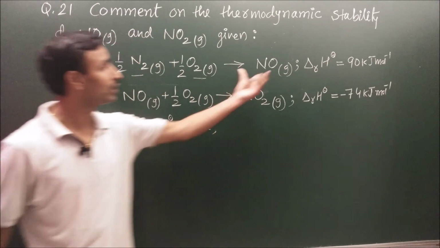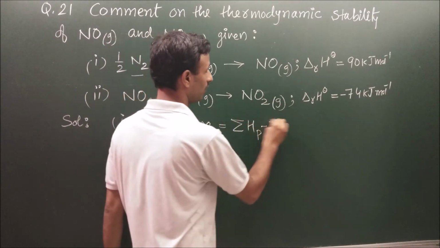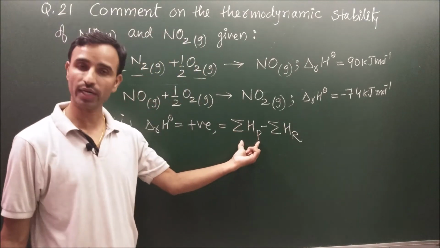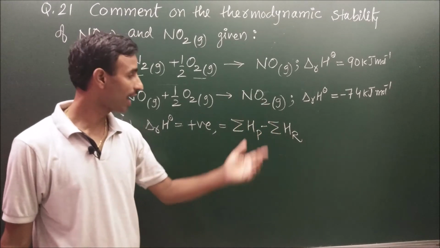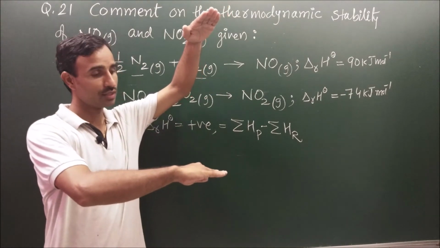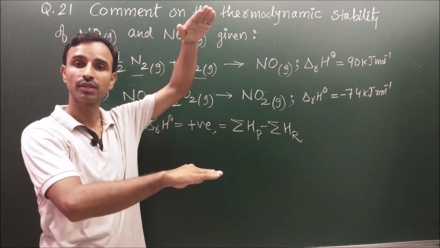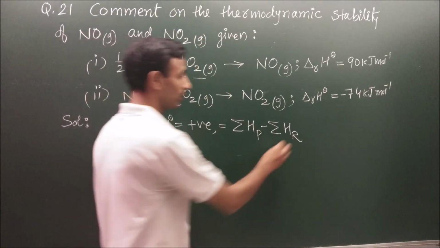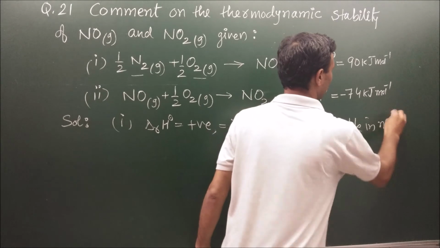That means the enthalpy of the product, because it is equal to the sum of the enthalpies of product minus the sum of the enthalpies of reactant, is greater than the enthalpy of reactant. So as the enthalpy of product is at the higher end and the enthalpy of reactant is at the lower end, this much heat is absorbed by the product. That means the product is thermodynamically unstable. So NO is unstable in nature.